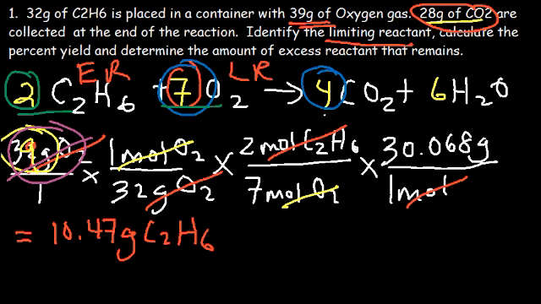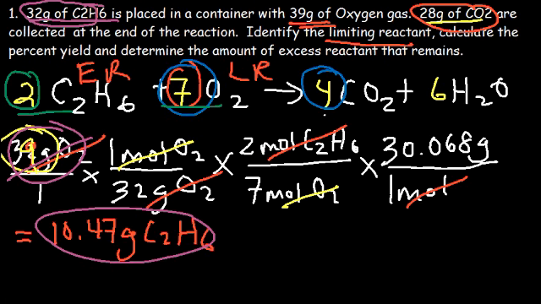So that means out of the 32 grams of C2H6 that we have, only 10.47 grams reacts with the 39 grams of oxygen gas. So the amount that's left over is the difference between the total amount of ethane that we have and the amount that actually reacts. So if you want to find out how much ethane reacts, your answer is 10.47.